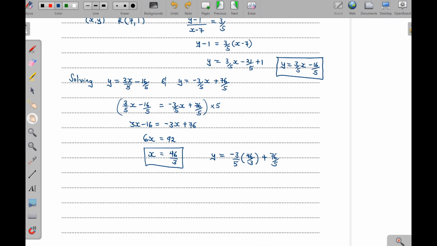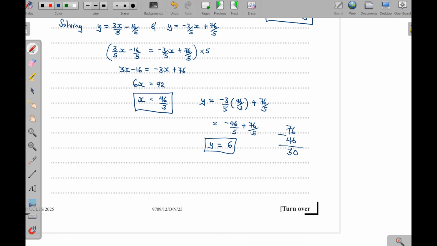Then we shall have negative 46 over 5 plus 76 over 5. So 76 minus 46, we shall get 30 over 5, which is 6. So the coordinates of the point of intersection are 46 over 3, 6. Okay, and that is that.